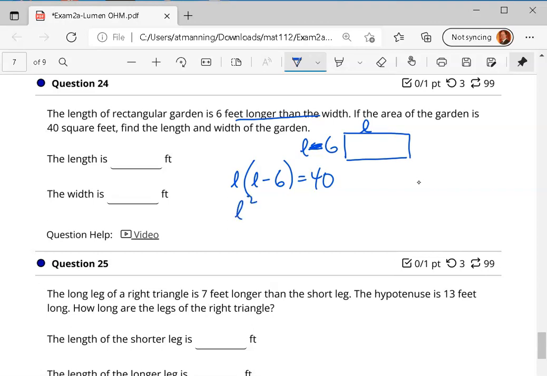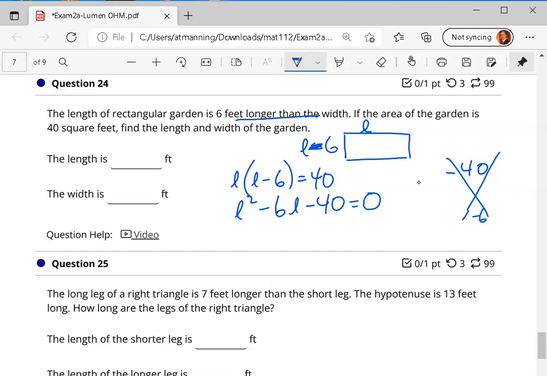Or L squared minus 6L minus 40 equals 0. Now I could factor this. Let's factor out a 2 first though. Oh no, we got a 1 here, so we can just factor. We know that two numbers multiplied together give minus 40, and added together give us a minus 6.